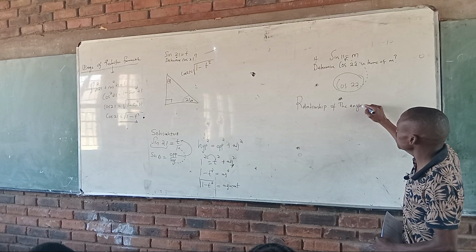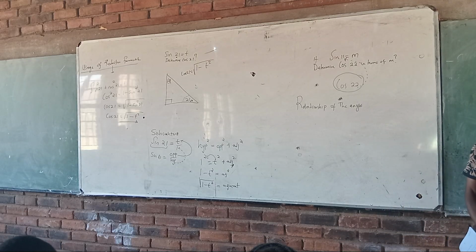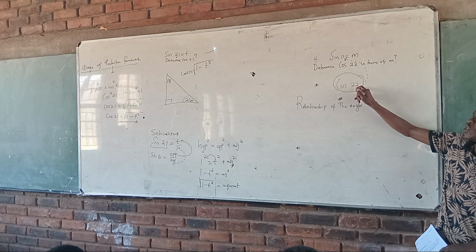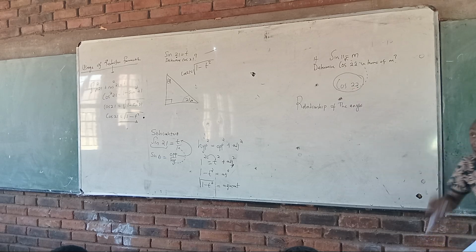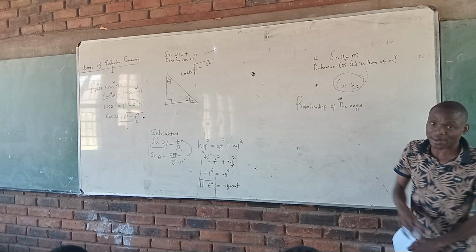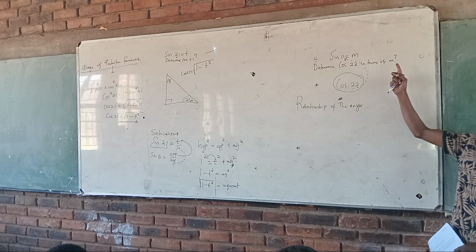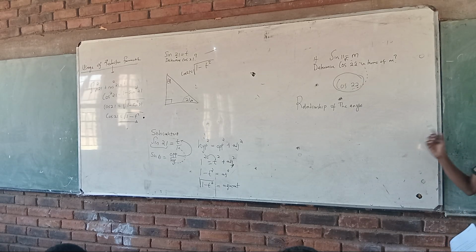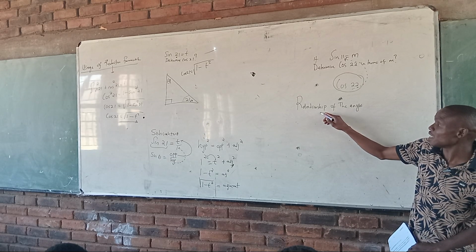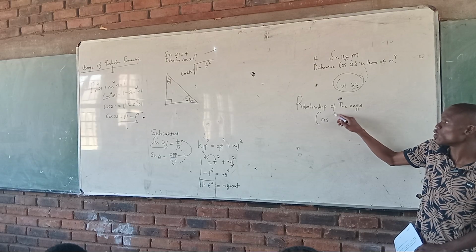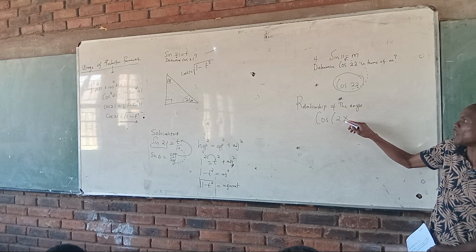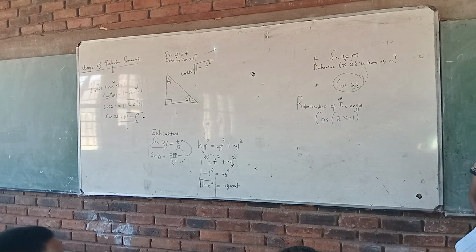The angle 22 is double the angle 11. Do you see it? So you can do this. You can say this is cos 2 times 11. This is how you get your 22.